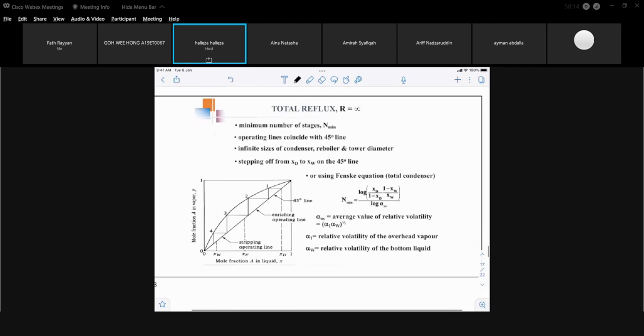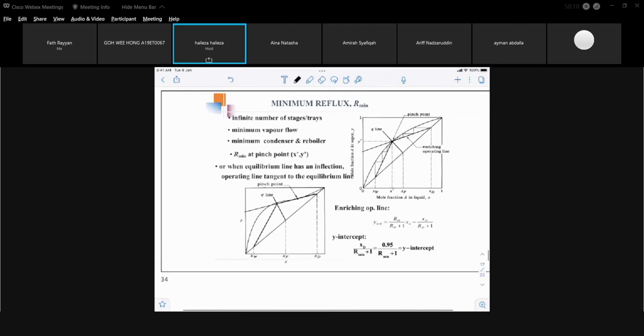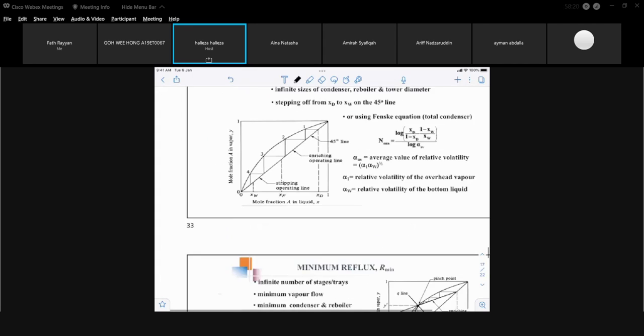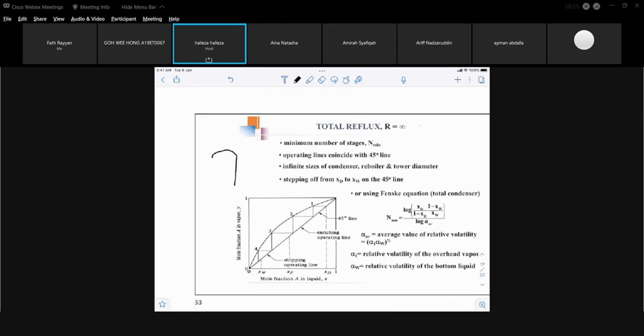Now, let's look at when the reflux is total reflux and when the reflux is minimum. Total reflux means, if you look at the diagram, over here you have the top of the tower. This is your vapor coming out, and it will go into your condenser.